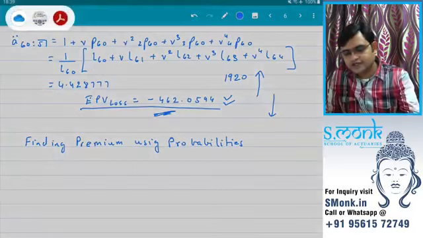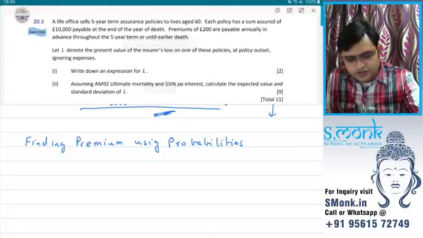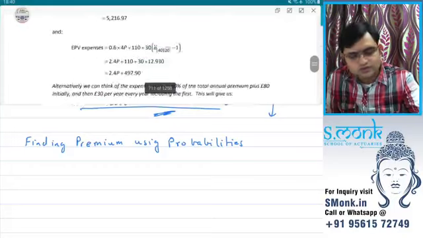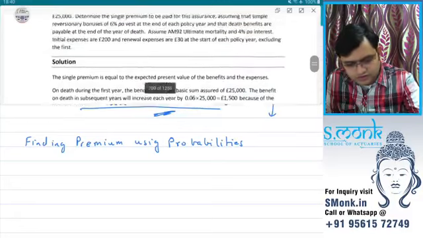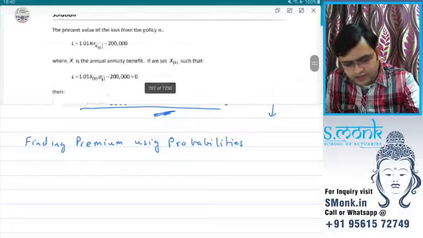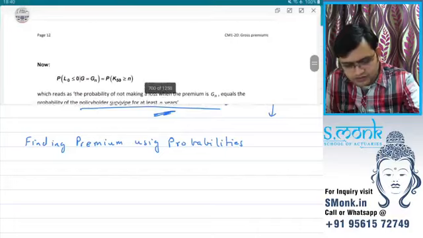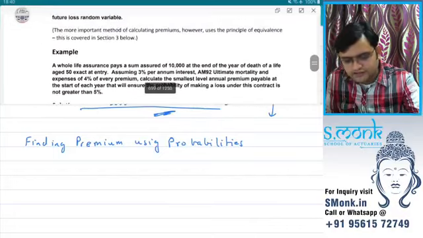We'll just take an example from the book to understand this. Let me go to that page, I think page number 10 or 11, yeah, this is what I'm talking about. So we'll take this page number 11 example.